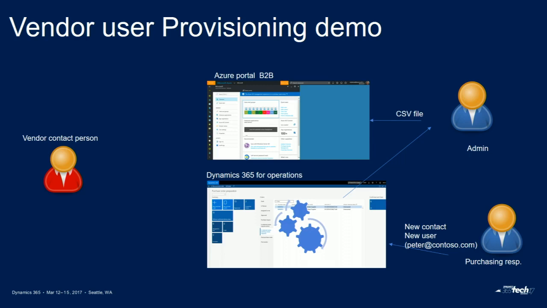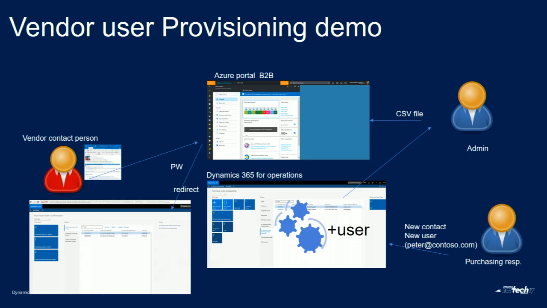Azure will figure out whether it's known or not known, but it will become a guest in your tenant. Then Azure will send an email to the contact person, who will identify himself with a password.